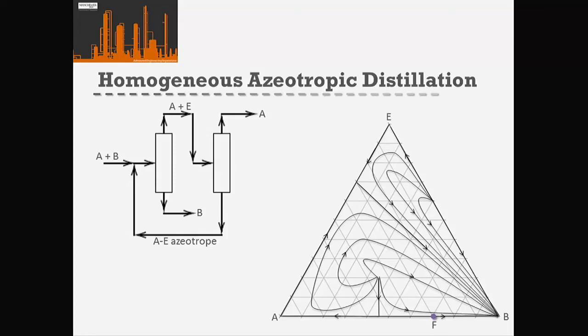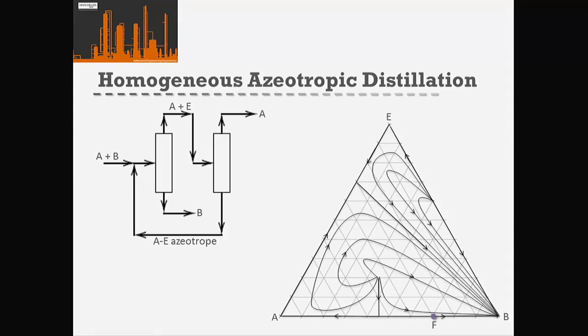So for this example, I've done away with the third column, the pre-concentrator. So we're just going to look at designing a 2-column distillation sequence. This choice of whether you use a pre-concentrator or not is a design choice that you have to make.